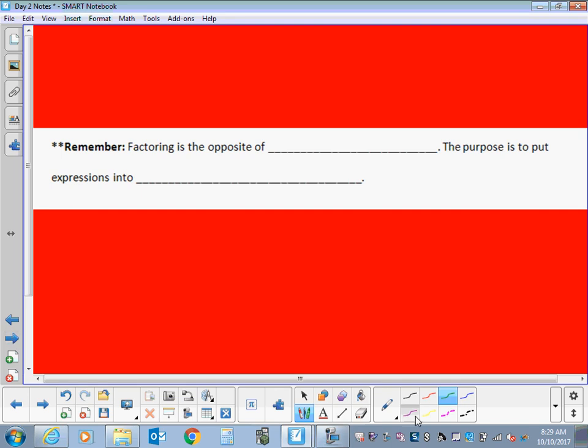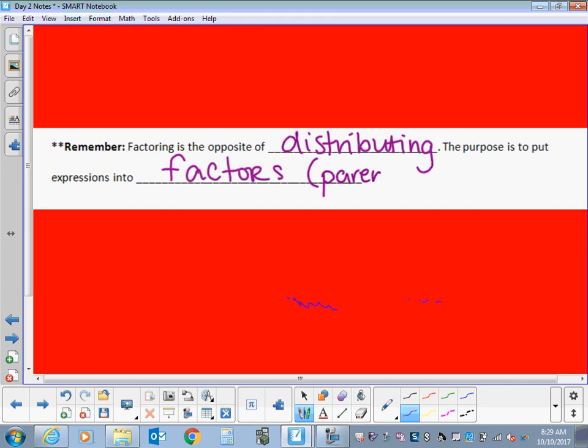Alright, remember, factoring is the opposite of distributing. The purpose is to put expressions into factors. We do so by using parentheses.